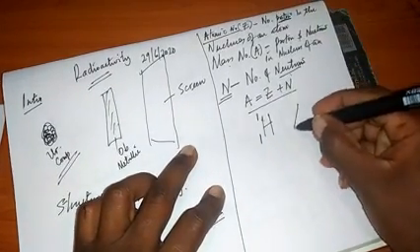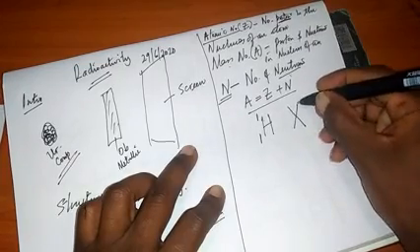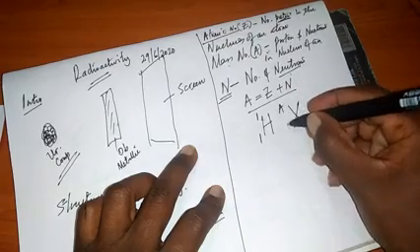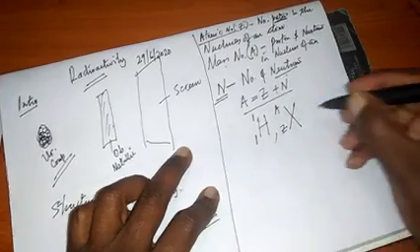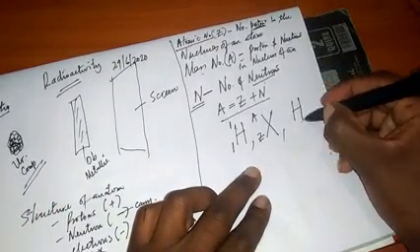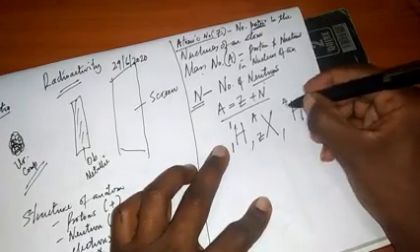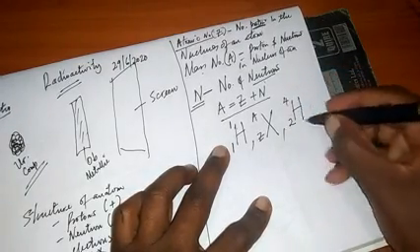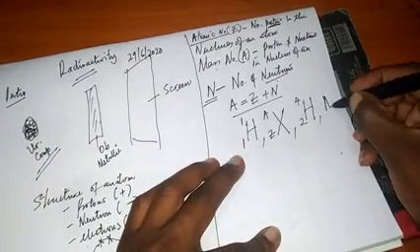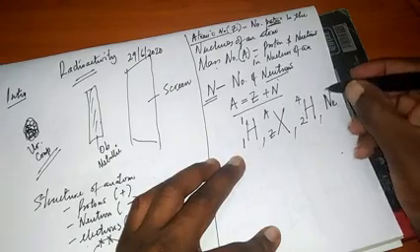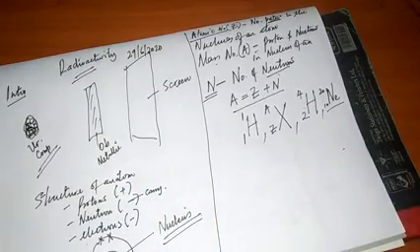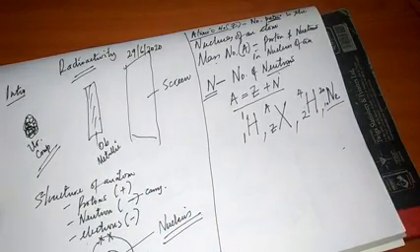If you have another atom X, in a general case, the mass number is A and the atomic number is Z. If I move on to helium, the mass number is 4, the atomic number is 2. And then finally I can demonstrate using neon. Neon, the mass number is 20, the atomic number is 10. So that is basically how we represent an atom.